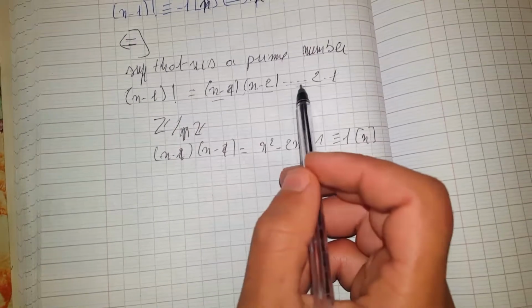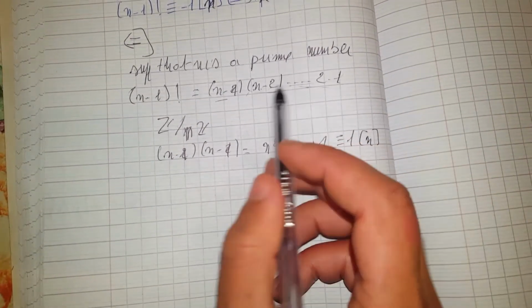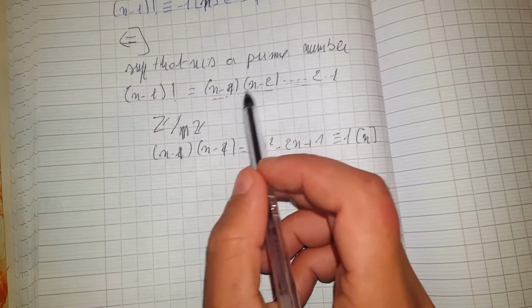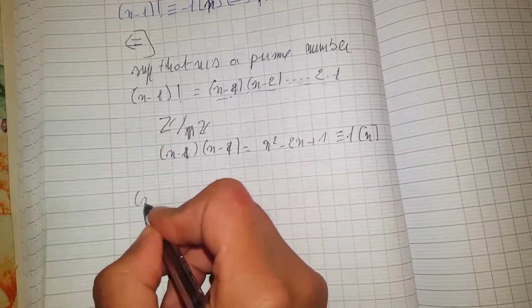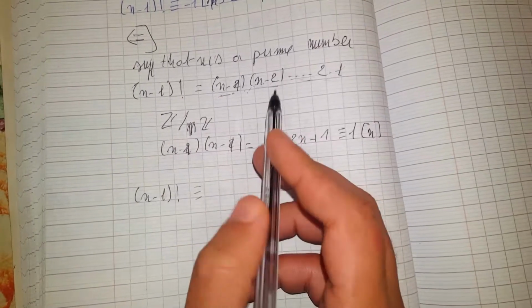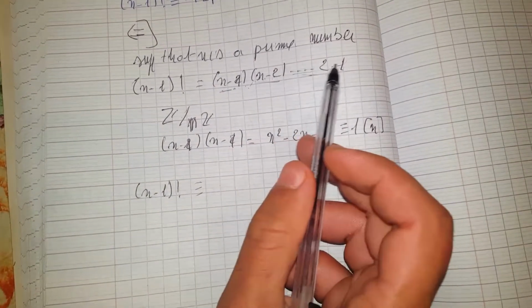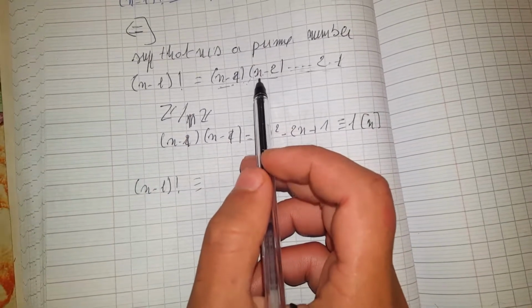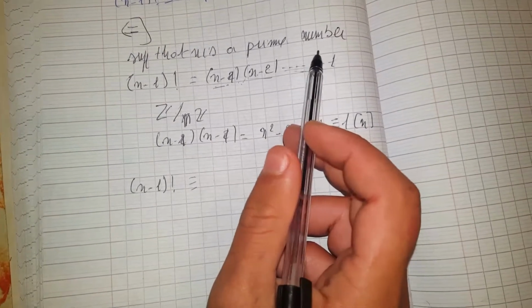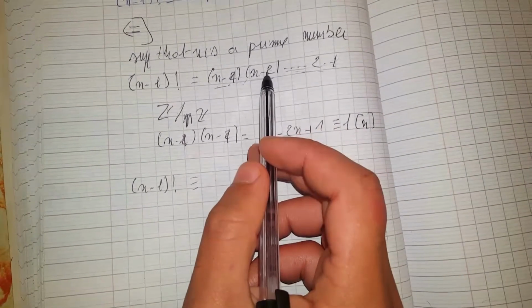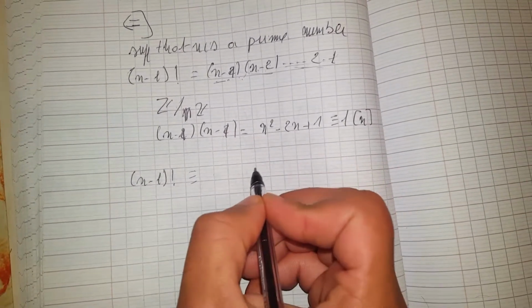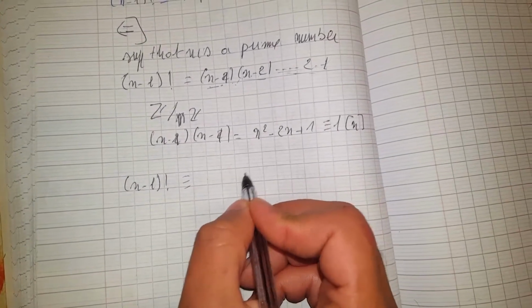An inverse in this factorial, but n minus 1 doesn't have another one, because the inverse of n minus 1 is n minus 1. So here (n minus 1) factorial will be congruent to the product where, for example, for each element we can find a number to multiply it by and get congruent to 1 mod n.